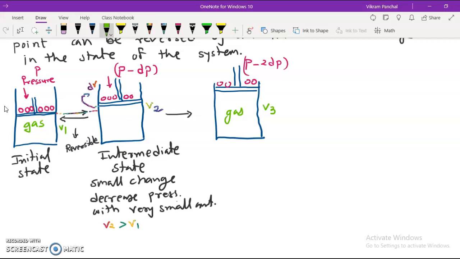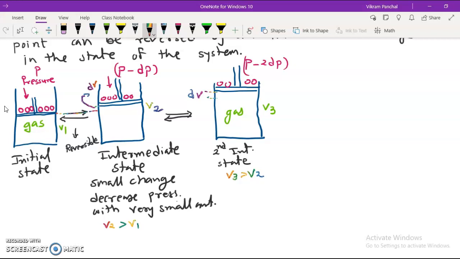Here you find a small change in volume from one intermediate state to the next. This is again called dV. As it is a small change, it is also possible to achieve the first intermediate state from the second intermediate state. Here we can say that V3 is greater than V2. But if you add one more pebble, again you can get the original state.